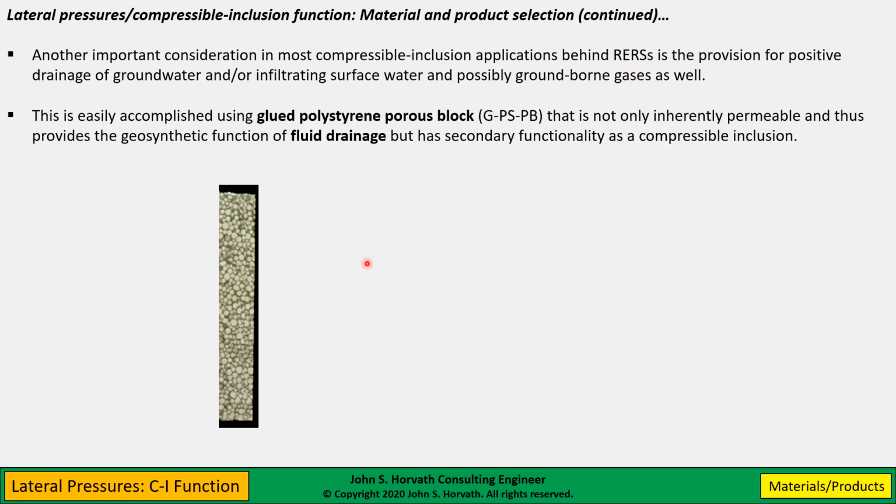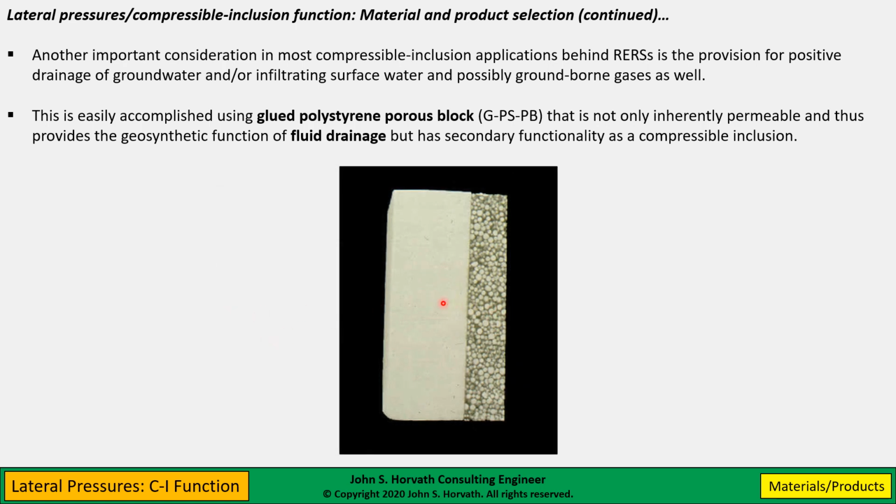This is most easily accomplished using what is called glued polystyrene porous block, because this geofoam material is not only permeable and thus provides fluid drainage, but has a secondary function as a compressible inclusion.